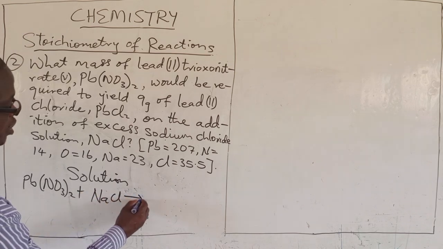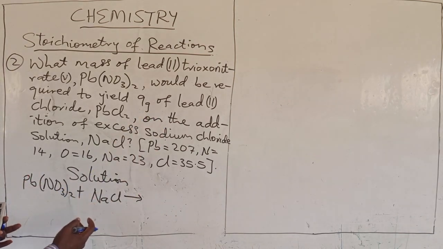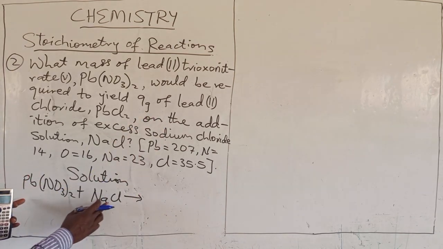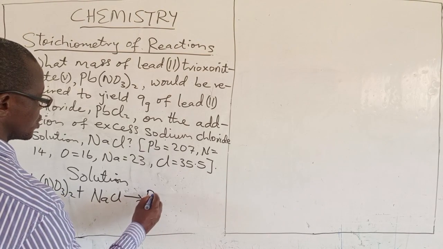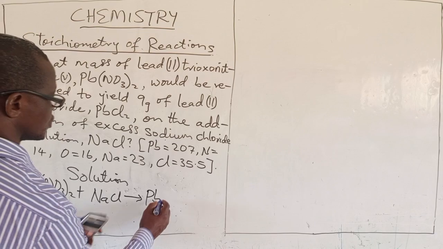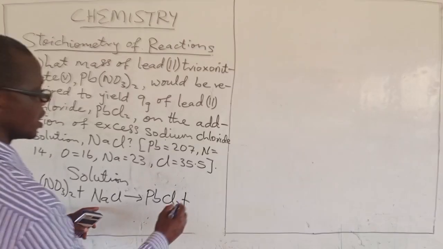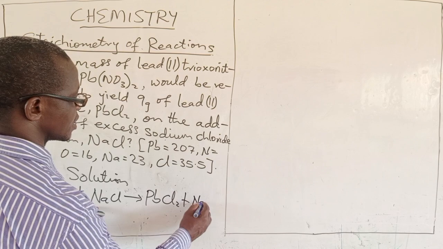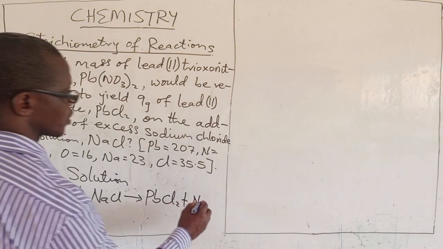NaCl. This reaction is double decomposition. So if you know the reactant, double decomposition, cation here will take anion here, then cation here will take anion here. So this is cation, PbCl2 plus NO3.